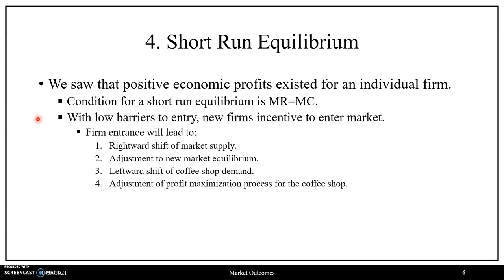and low barriers to entry occur in this market, new firms have incentives to enter the market, just as we saw with the perfectly competitive market structure, where with new firm entrance, this will then correspond to a rightward shift in market supply, leading to an adjustment to a new market equilibrium for our iced coffee industry, which will also have the effect of corresponding to a leftward shift in the demand for an individual coffee shop due to the reduction in market share, and an overall adjustment in the profit maximization process for an individual coffee shop.